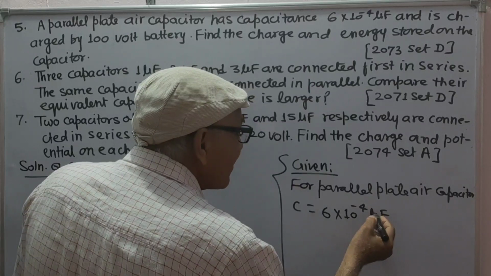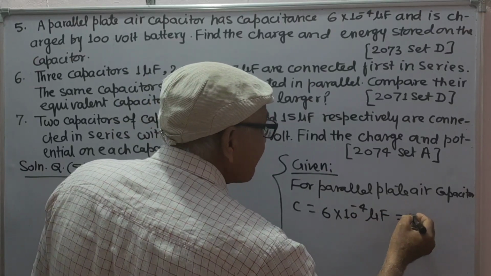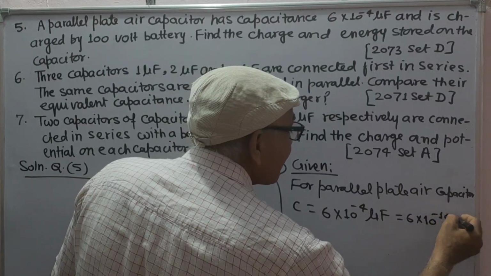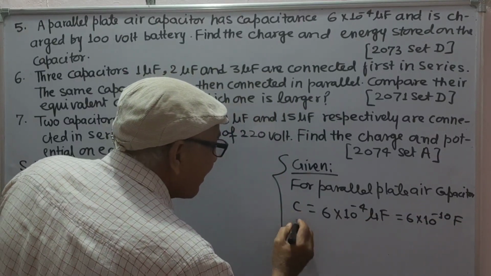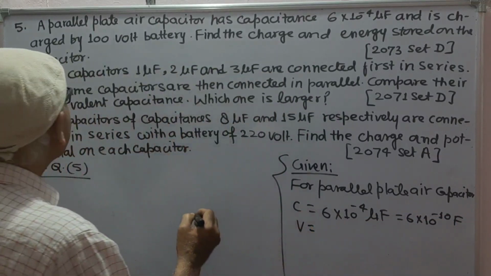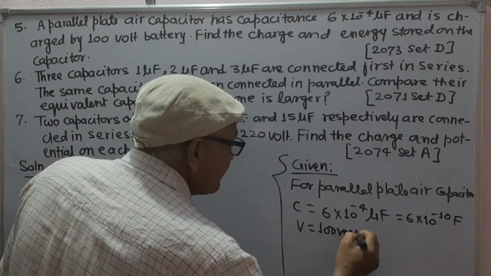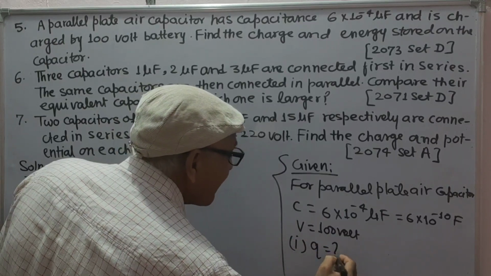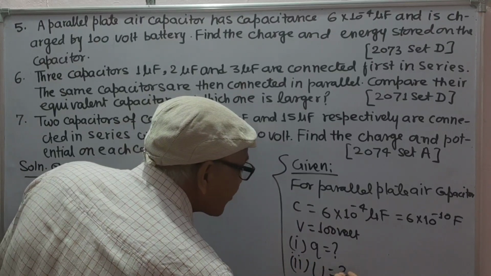So 10 to minus 6 into 10 to minus 4 becomes 10 to minus 10. It is 6 into 10 to minus 10 farad and V is given to be 100 volt. We have to find charge and energy stored.